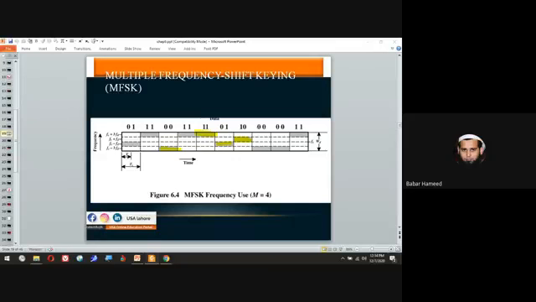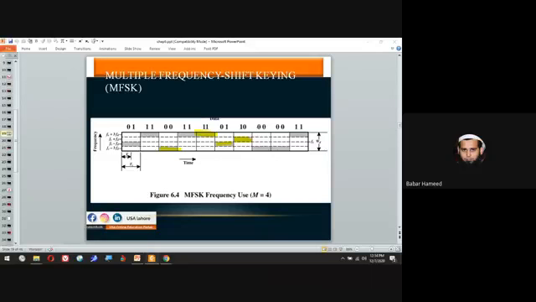I repeat, each column represents a time unit ts, means time slot, in which a single 2-bit signal element is transmitted. The shaded rectangles, like this one, this one, this one, these are showing the frequency transmitted during that time.